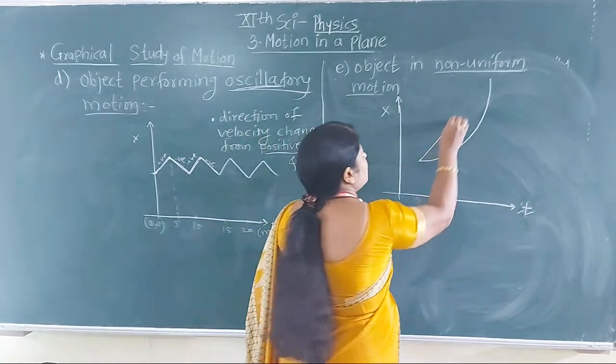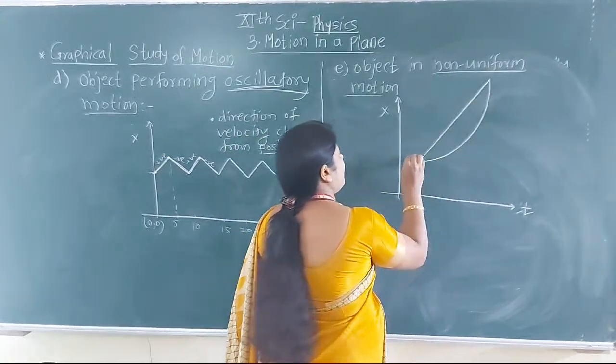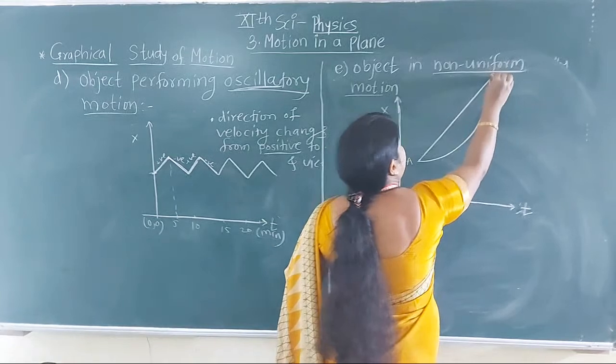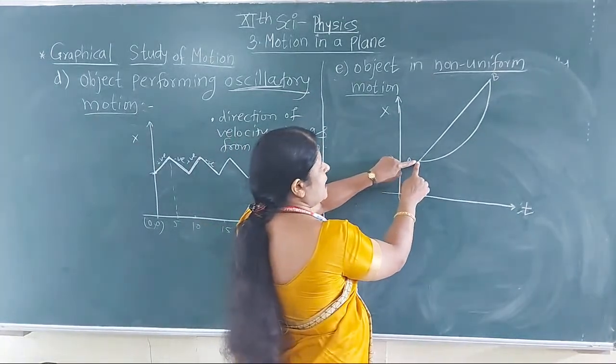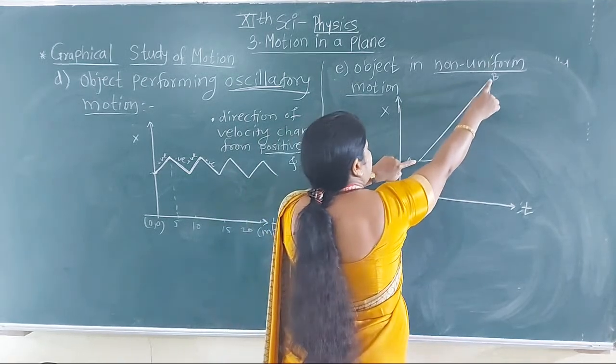If we join this point from A to B, we get this straight line. That means the motion of the object starts from this point and ends at this point.